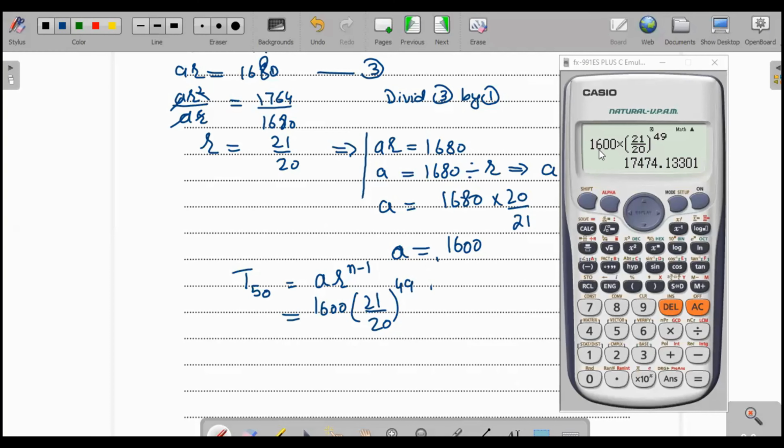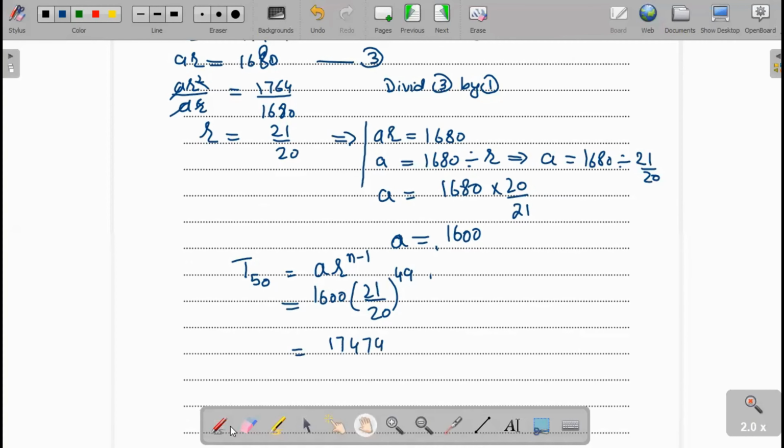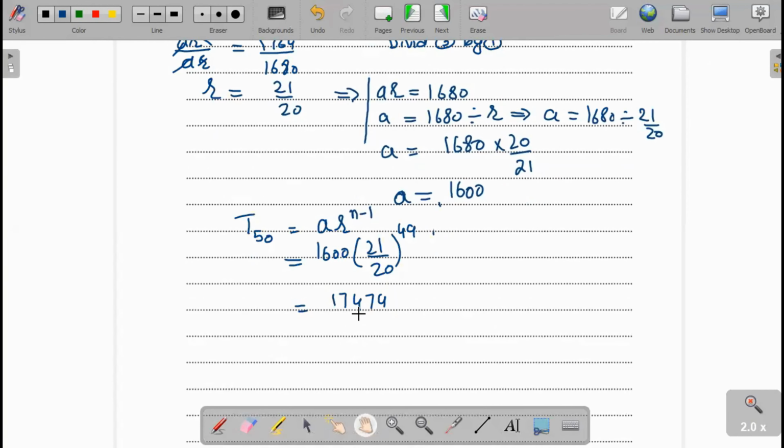Here the answer is 17,474. Now we take it to 3 significant figures: 17,500 is the answer, because the neighboring digit is more than 5, so the 4 becomes 5 and the other digits are written as 0.